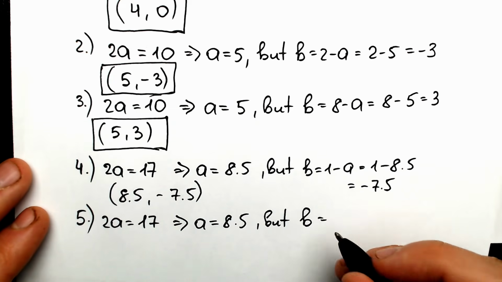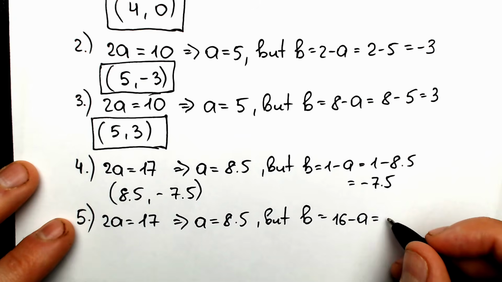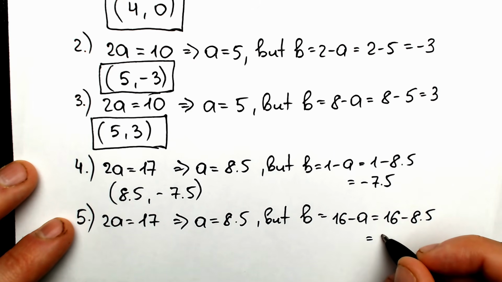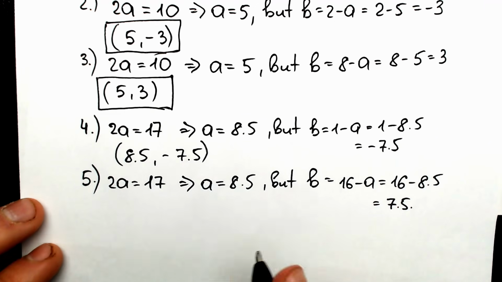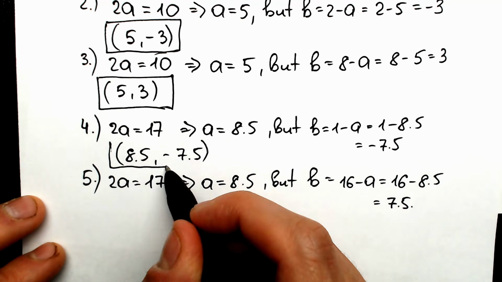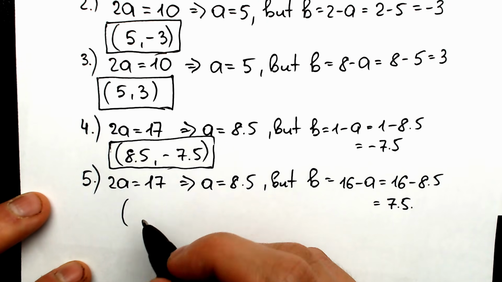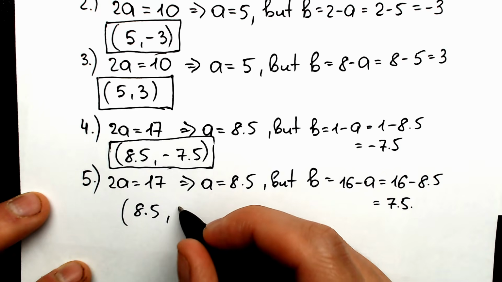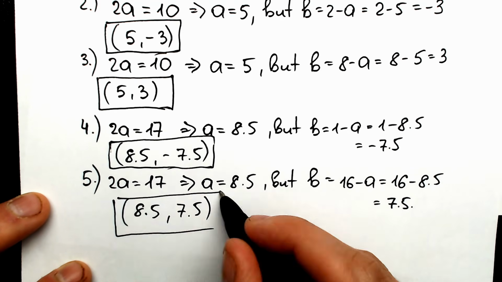So b equal to 16 minus a equal to 16 minus 8.5 equal to 7.5. And we have our pairs. This is our fourth pair, 8.5 and minus 7.5, and our last pair, 8.5 and 7.5. This is our fifth pair.